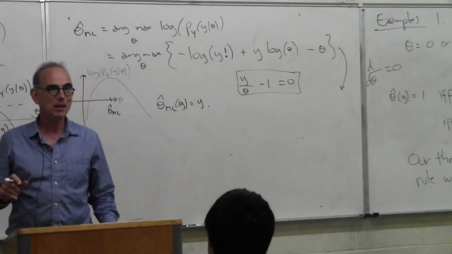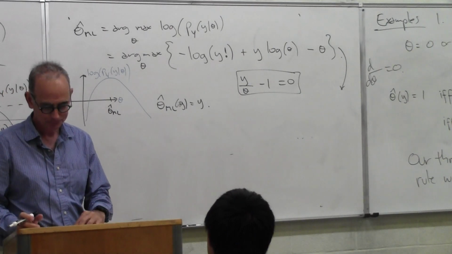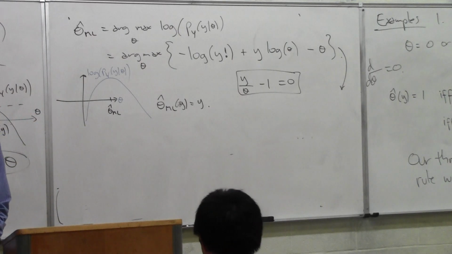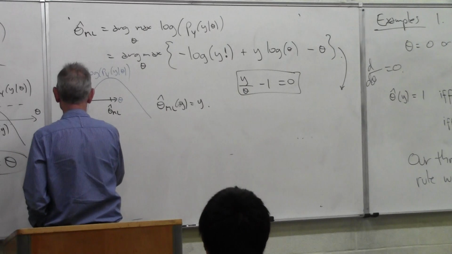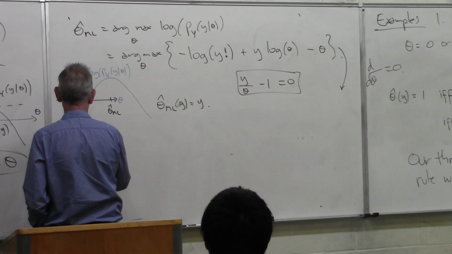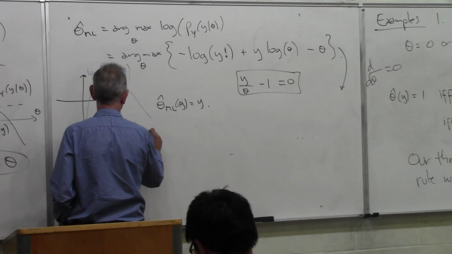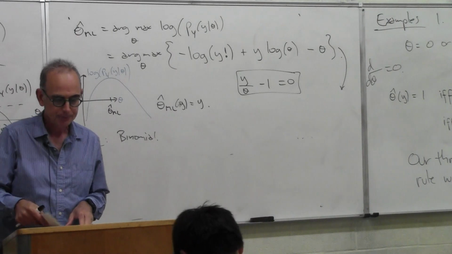All right, one more example, because I want one more example that's not so trivial. A binomial. It's a good example, too, because it shows you have to be a bit careful.